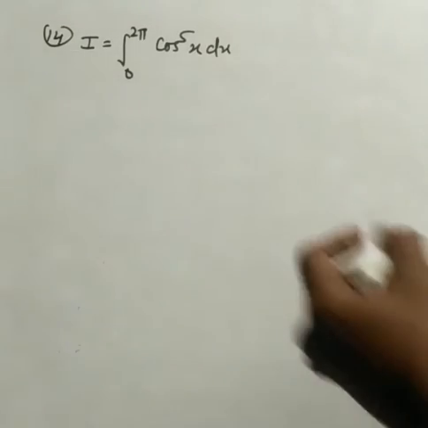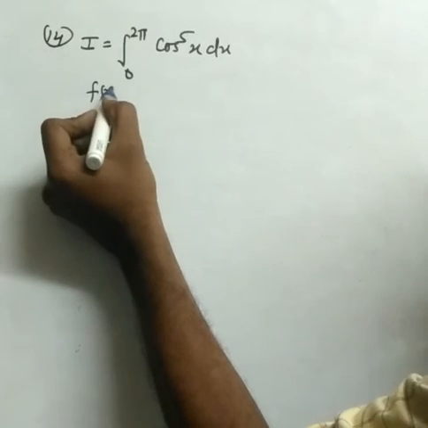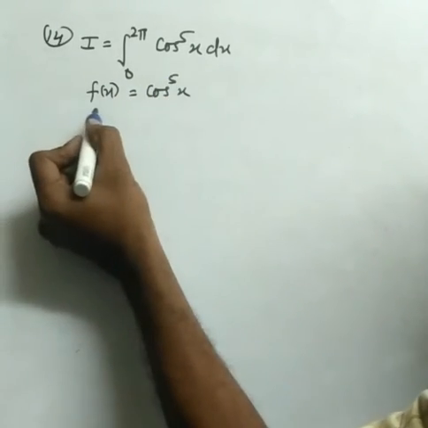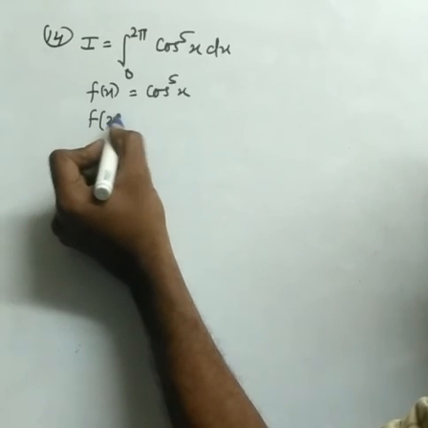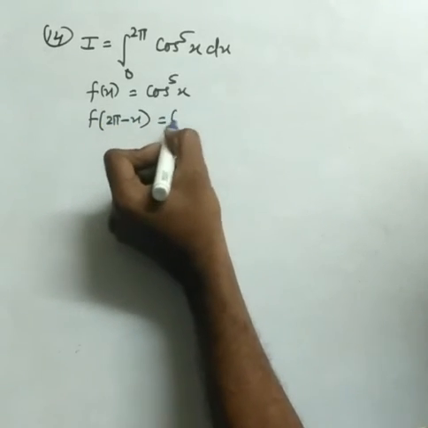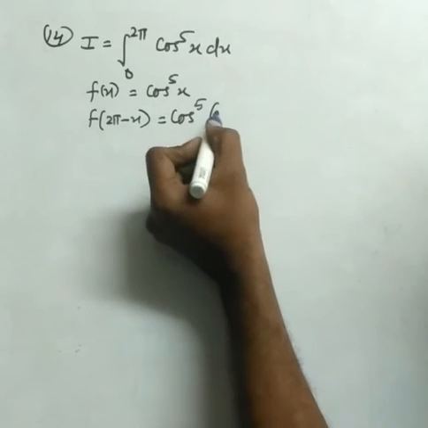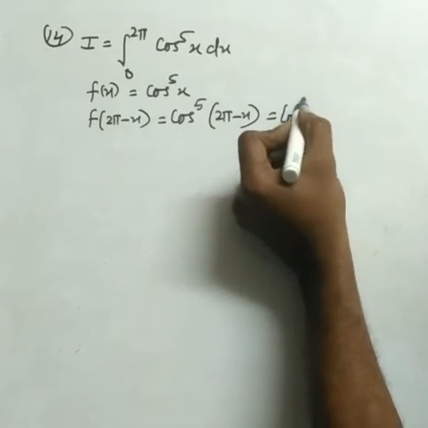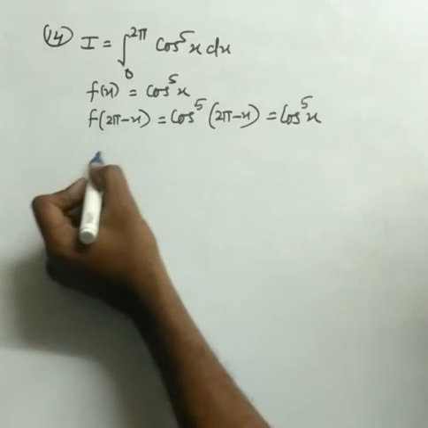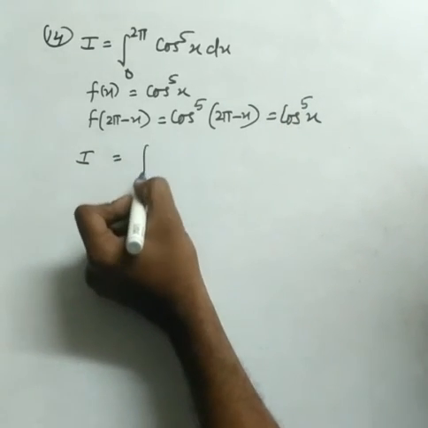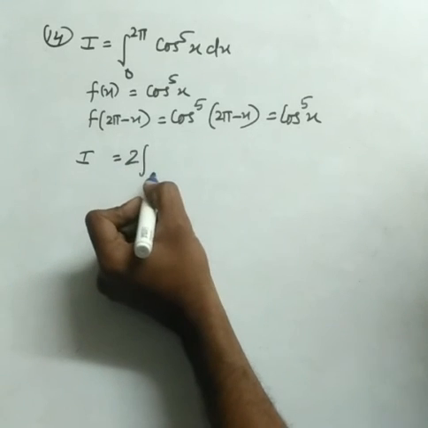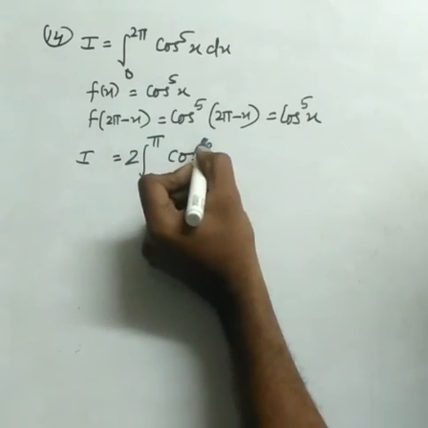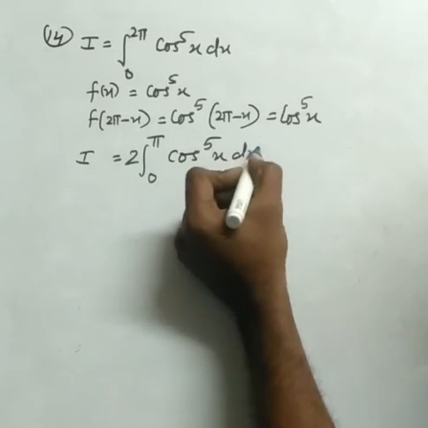Here in this one, f(x) is cos power 5 x. f of 2 pi minus x is cos power 5 of 2 pi minus x, which is cos power 5 x. Therefore, I equals 2 times, and the limit becomes 0 to pi, cos power 5 x dx.